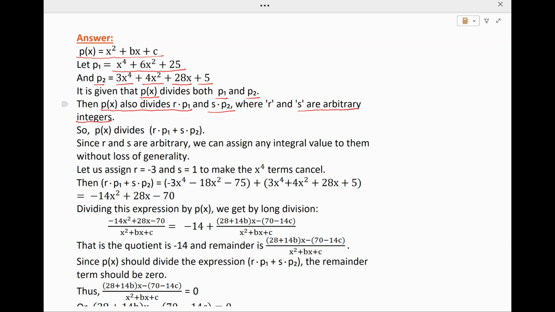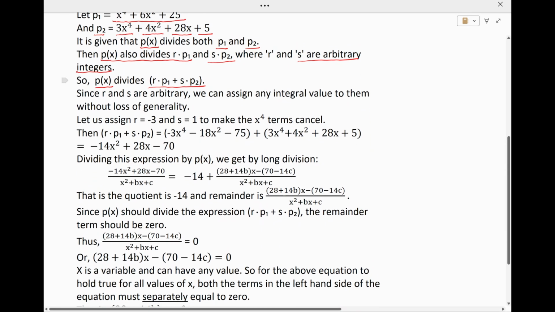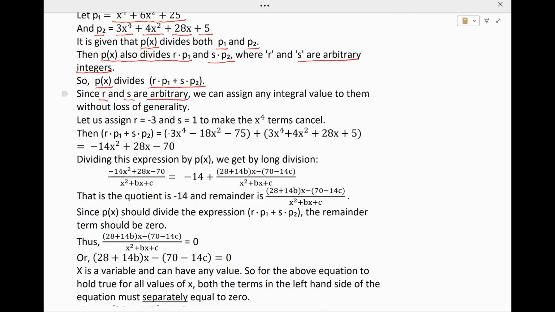So P(x) divides R·P1 + S·P2. Because R and S are arbitrary, we can assign any integral value to them without loss of generality.